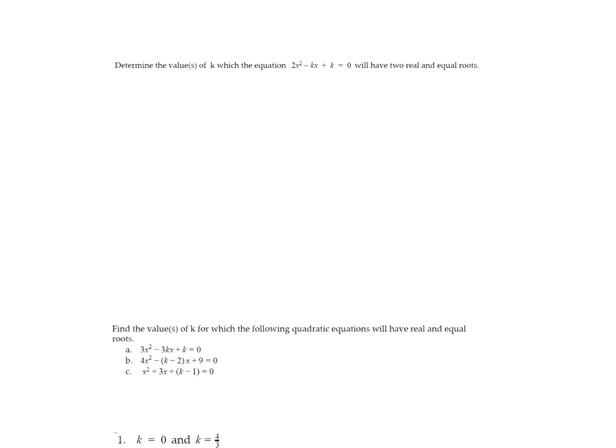Okay, other types of questions you'll get are missing coefficients. So I have a quadratic here. K represents a missing number. So I want a quadratic that has two real and equal roots.